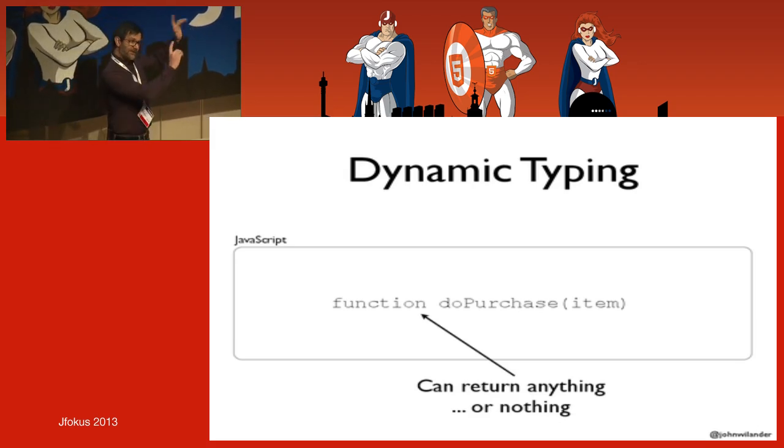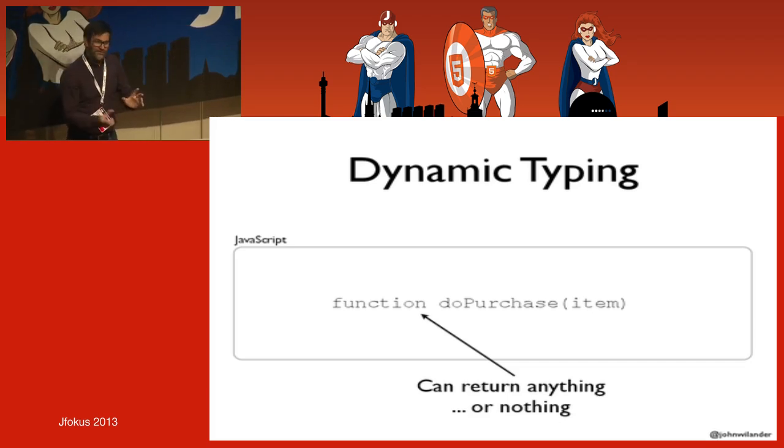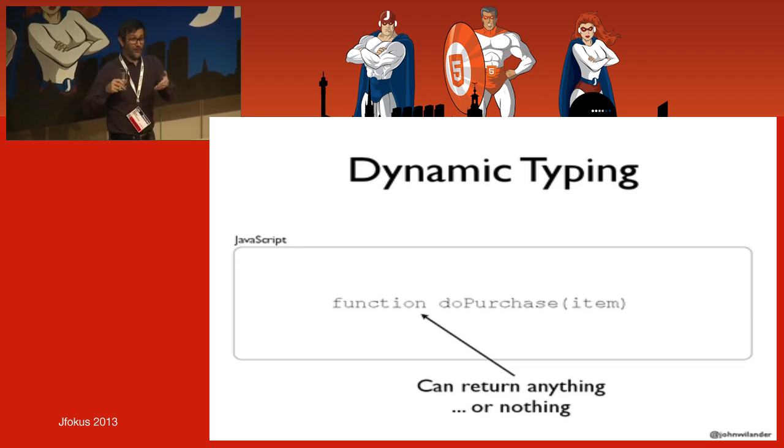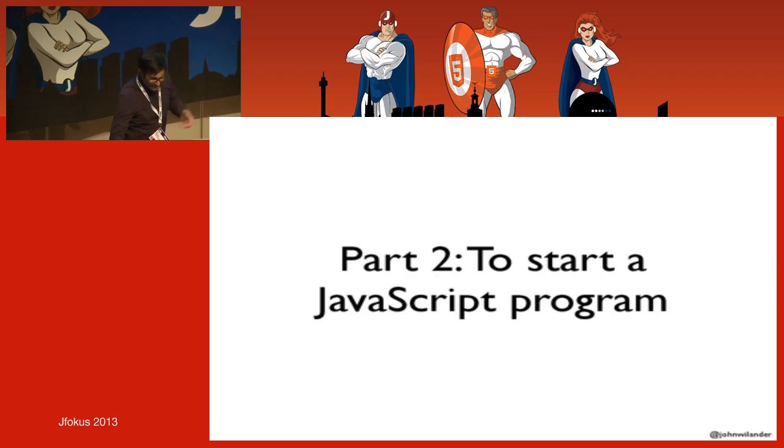And if you go into this mindset, you're not so worried about doing subtyping and wanting to introduce classes and relations between objects. Of course, doPurchase will have to look at item and check that certain things are in there to be able to function the way it's supposed to. But this is the power of dynamic typing, or one of the powers of it.